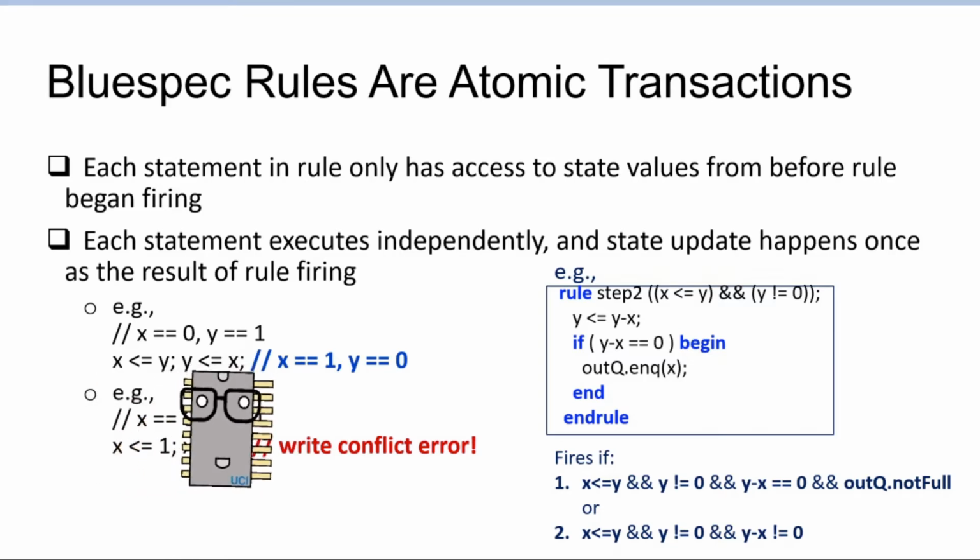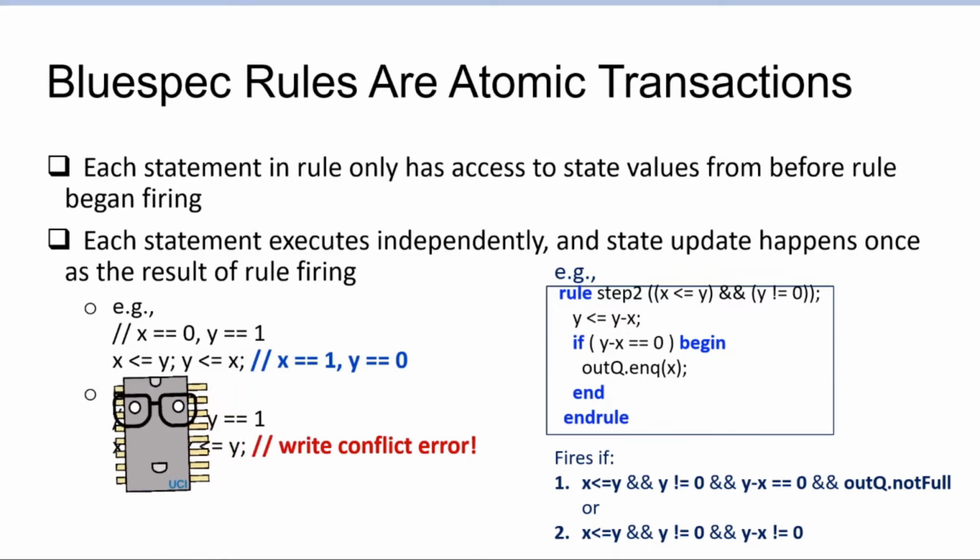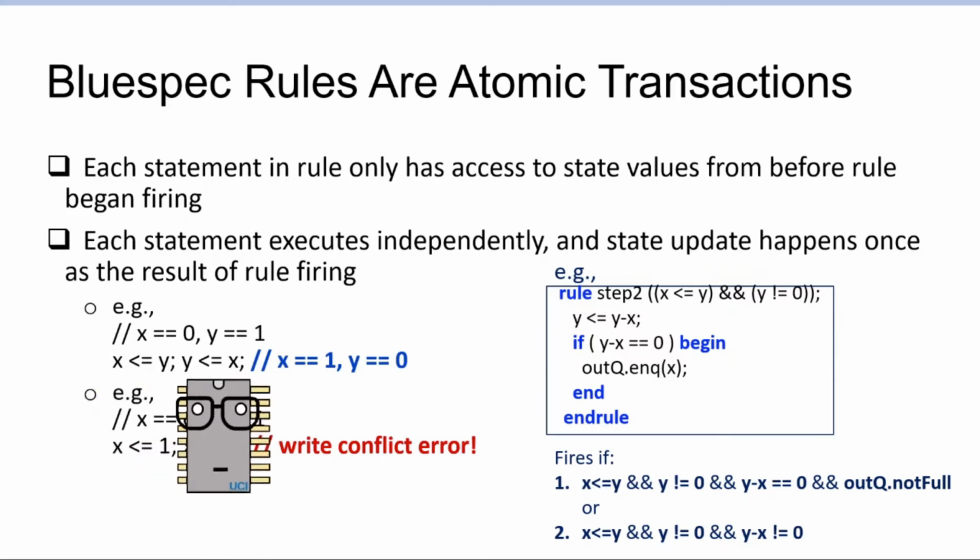And after this line, Y would be 1 and X will still be 1. So at the end of the execution in a software language, you would get X equals 1 and Y equals 1. But in an HDL, because these two lines execute in parallel separately, even though one of them appears earlier in the code than the other, both lines are executed at the same time.